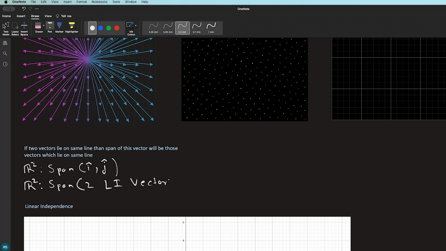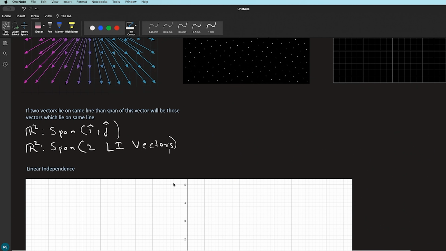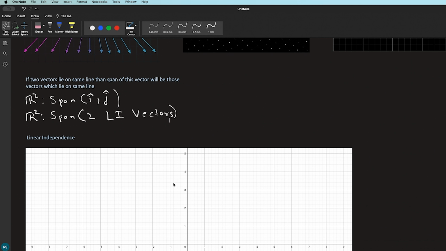You may be wondering what linearly independent vectors are. Our next topic is linear independence and linear dependence, so we are going to study what is linearly independent and what is linearly dependent.